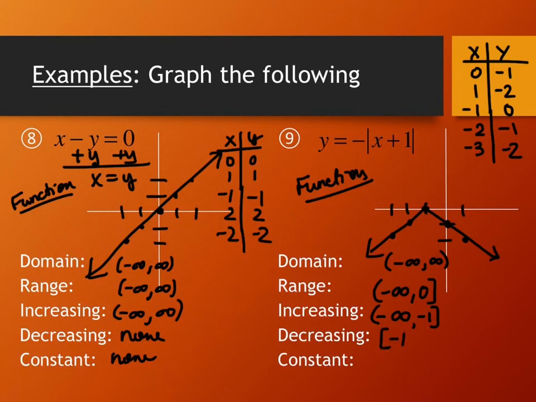It's decreasing from -1 to infinity. And then constant? No, it's not. None. It's always the x values. So when we're moving to the right, the x values start at -1 and they keep going this way, so it's positive infinity.